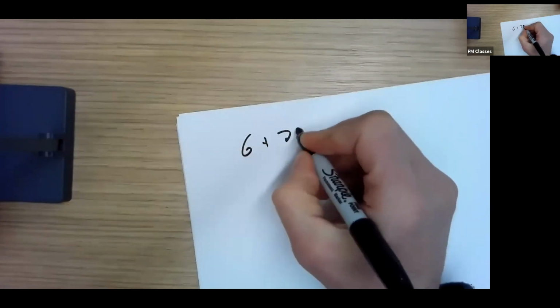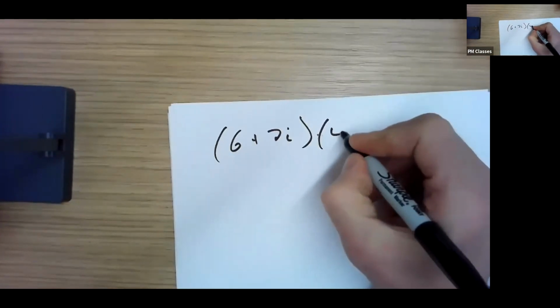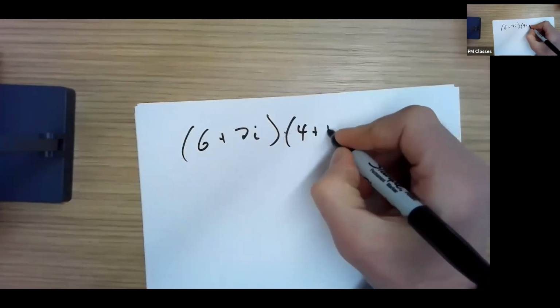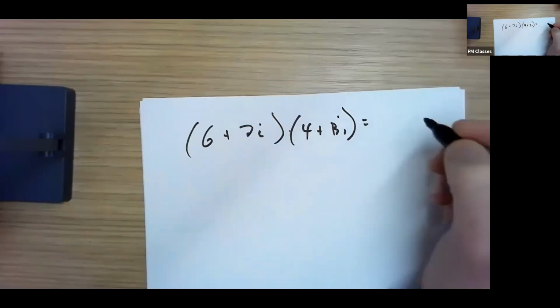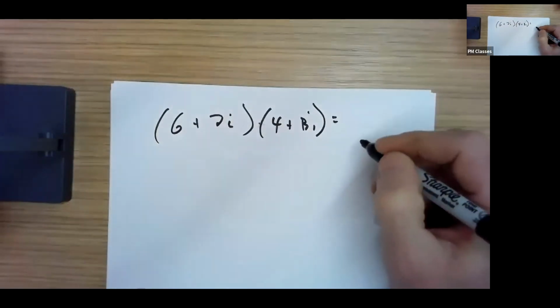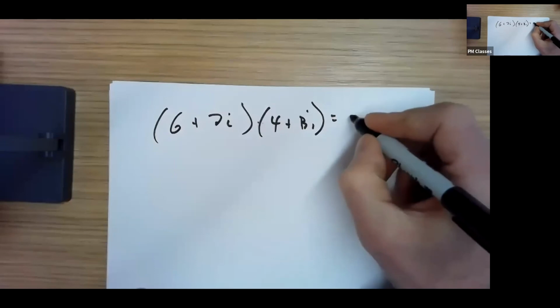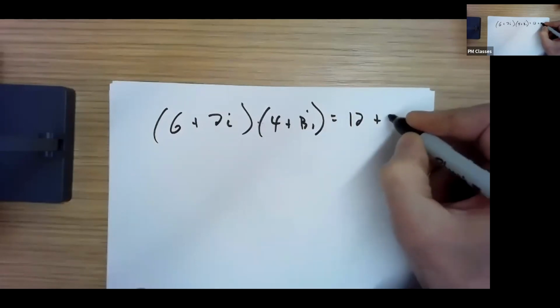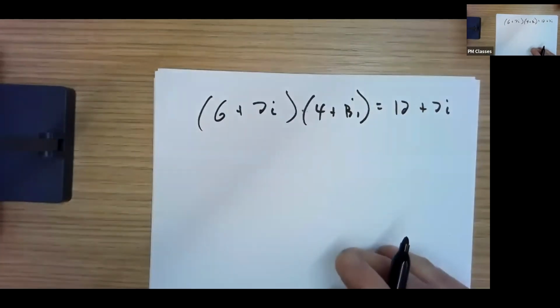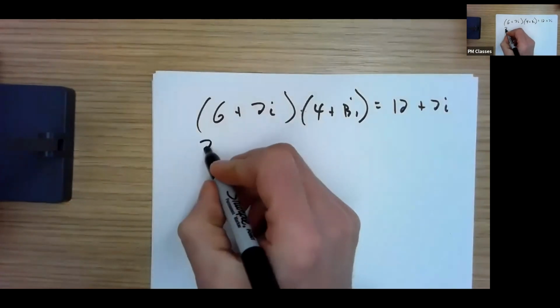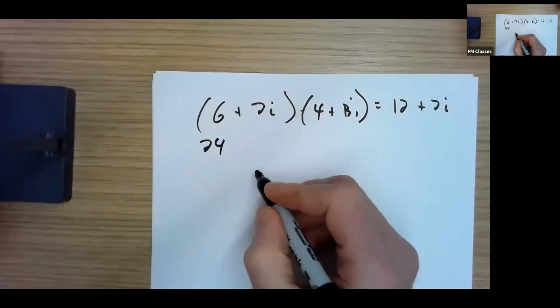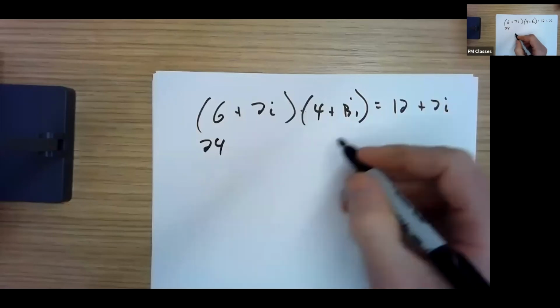6 plus 2i times 4 plus bi. This is the last one I'll leave them. This is really terrible. Equals a plus 2i. What are we going to do with that? Let's find out.